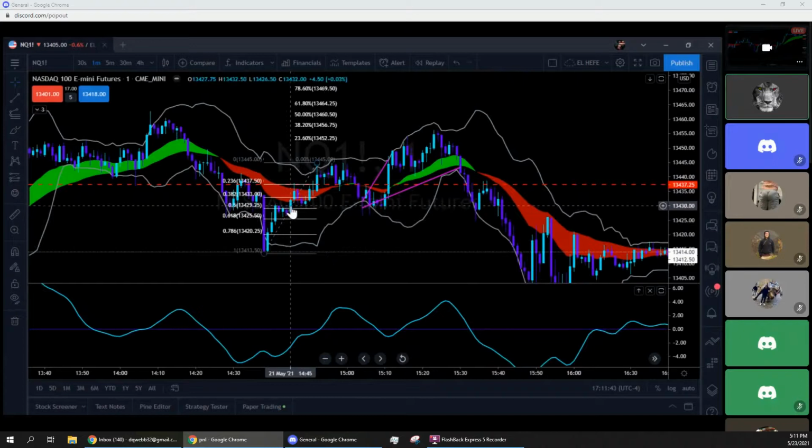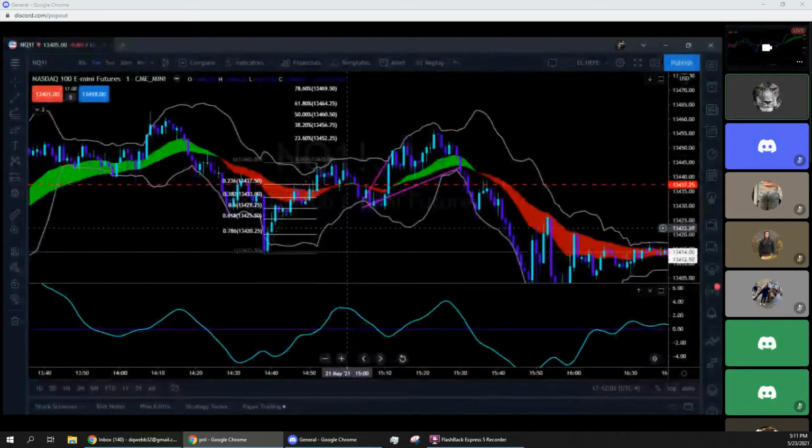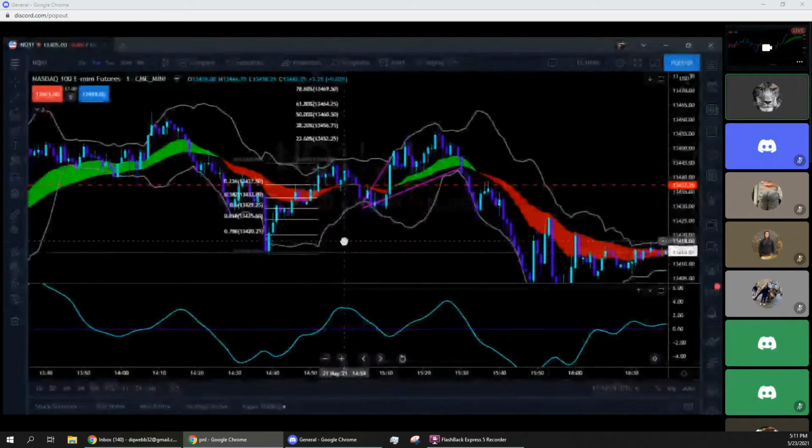Or say for instance you got long off the 0.5, you want to move it as soon as price breaks that 0.236 level, you want to move that stop up one level. So if you were long, obviously the 382, you want to move it up there to the 236. That's the name of the game.